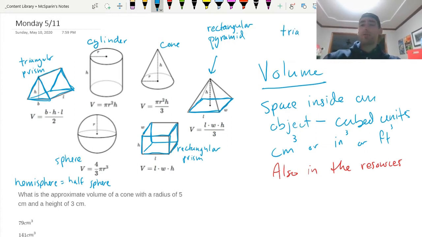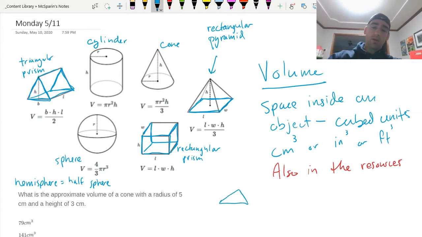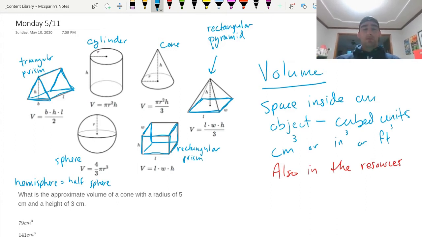There are pyramids that have a triangle on the base, and then they would all come up to a point. It's hard to draw, so we're not even going to try. You're not going to see any triangular pyramids on this PFA, so don't worry about it. But those are all the different types of solid objects that you might see.